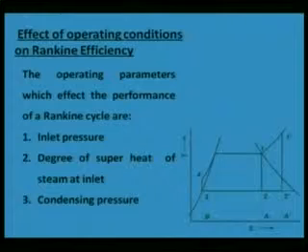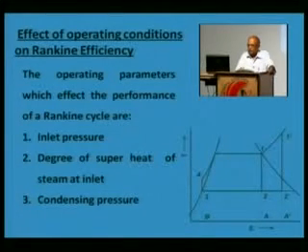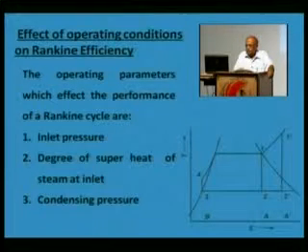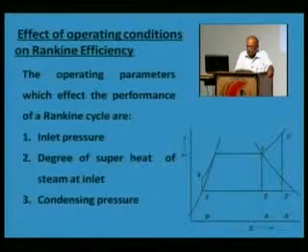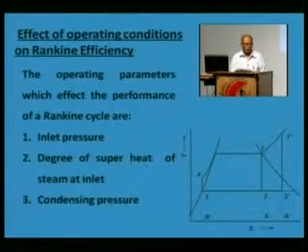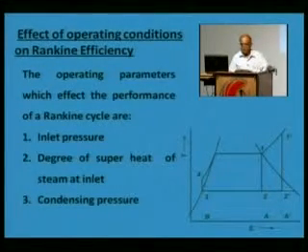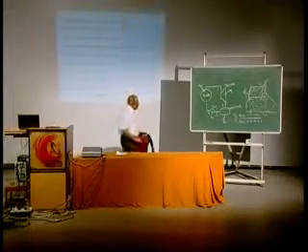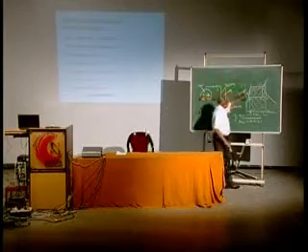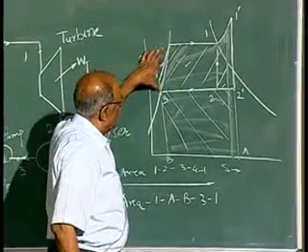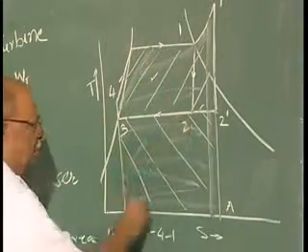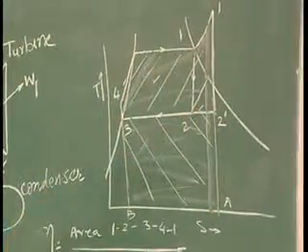Now, here we have seen that the efficiency has been defined, and this efficiency depends upon the operating parameters of the Rankine cycle. And to find out what are the parameters which would affect the Rankine cycle, let me again explain. The efficiency would be maximum when this area is maximum, work done is maximum, and heat rejected, that is the losses, are minimum.